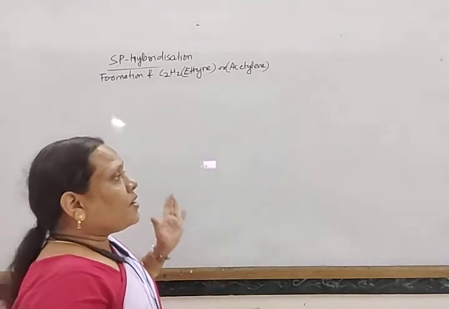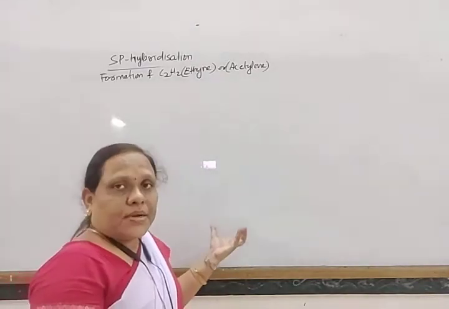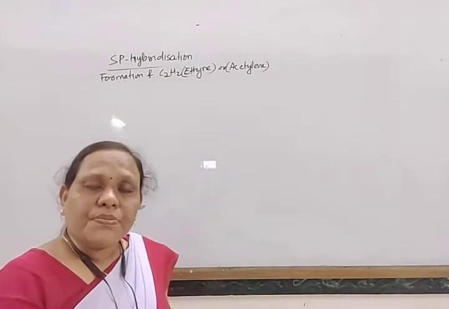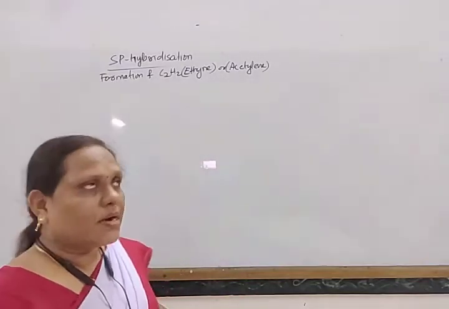And the other sp hybridized orbital of each carbon atom overlaps with the 1s orbital of a hydrogen atom to form an sp-s sigma bond.